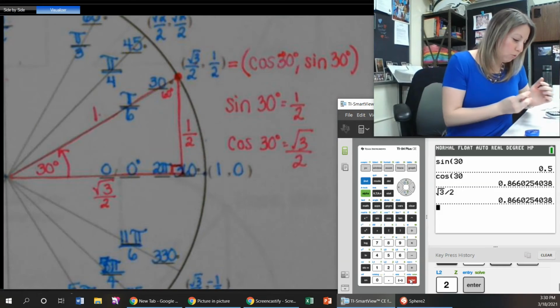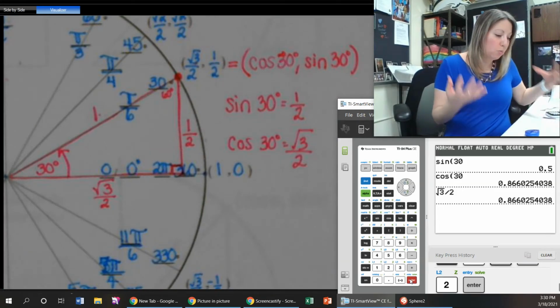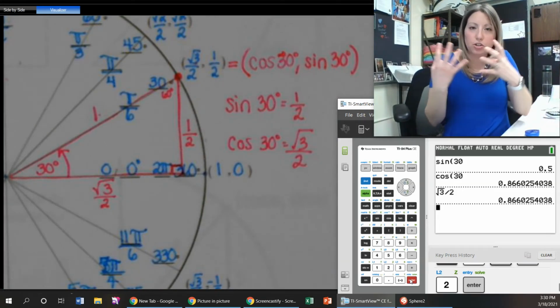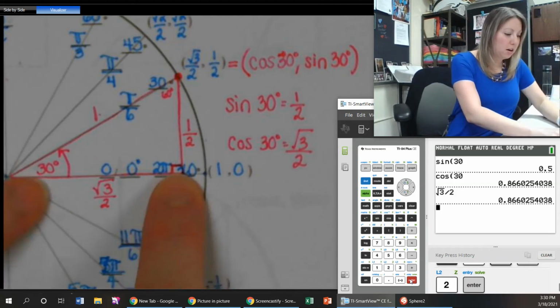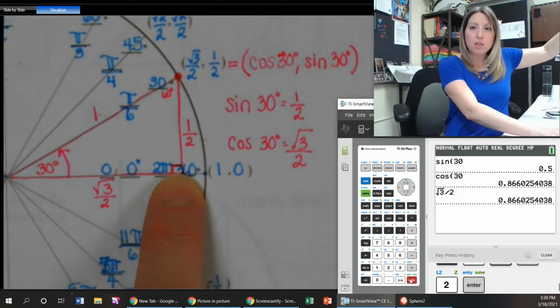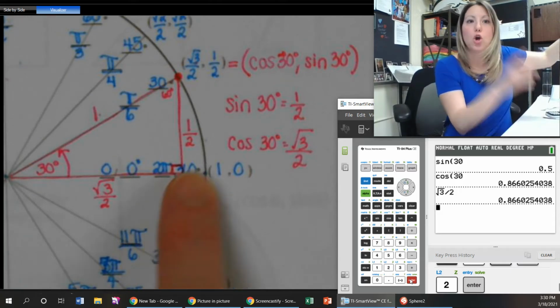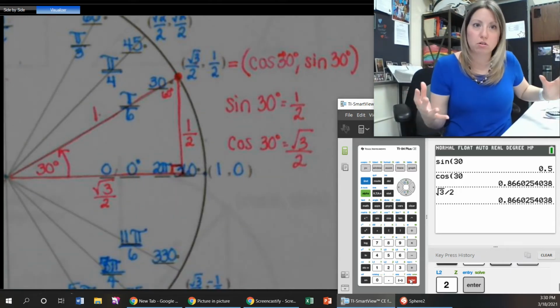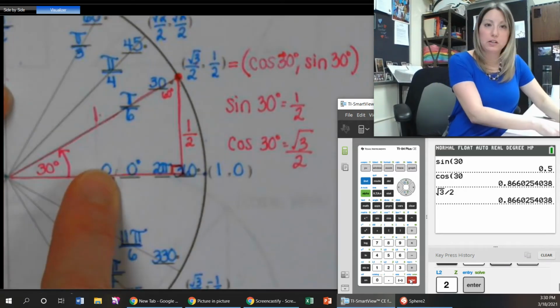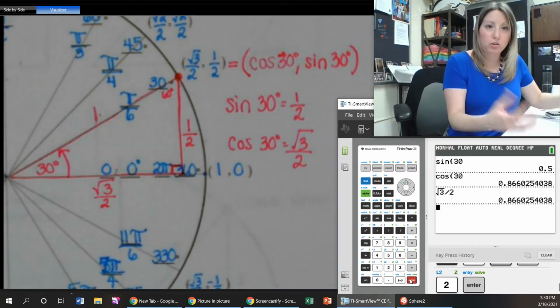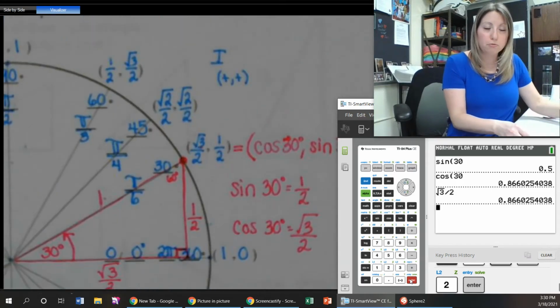So the way that we look at this, the way that we think about the unit circle's relation to trigonometry is in mini triangles that we draw their altitudes throughout the unit circle. Okay, I could do that again with 45. I could do that again with 60, but that's where all these coordinates start to come from.